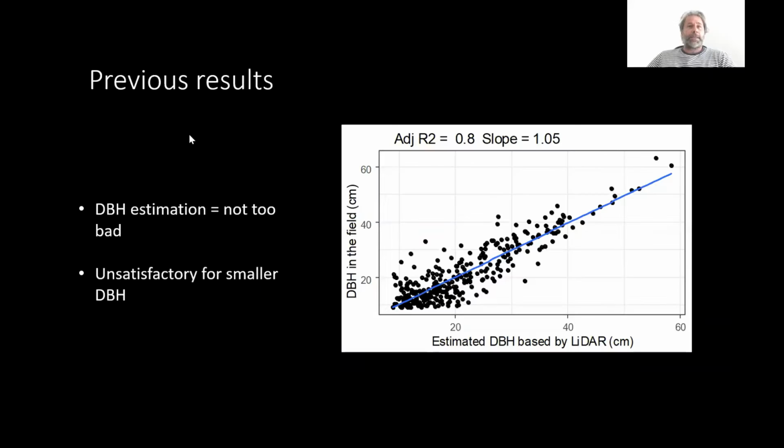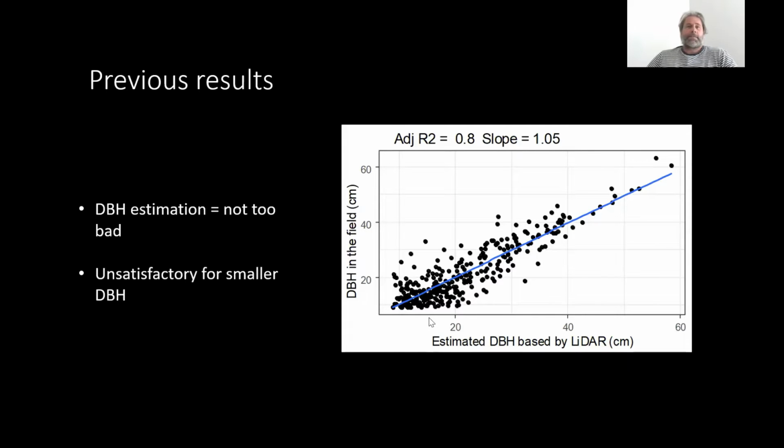The consequence is that estimating the DBH of trees may get complicated. Here are some previous results we've got: the DBH of trees we measured in the field, and the DBH we measured with the LiDAR.